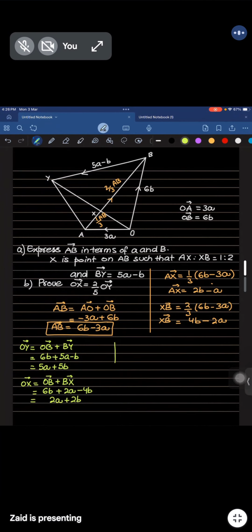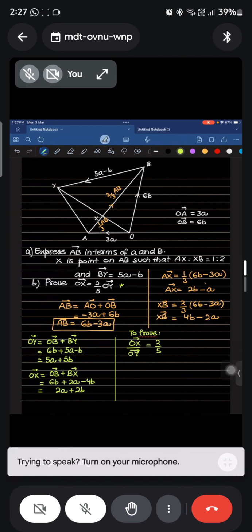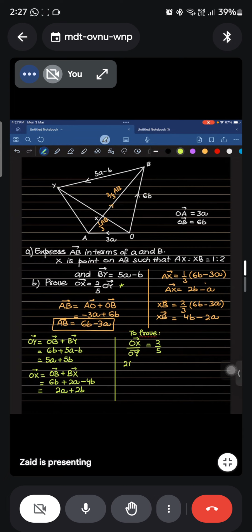All right. Okay. So can I say that OX over OY is equal to 2 upon 5? This is what you're going to prove, isn't it? Like if I just swap that OY from here. So OX, I can take 2 common, and OY, I can take 5 common.